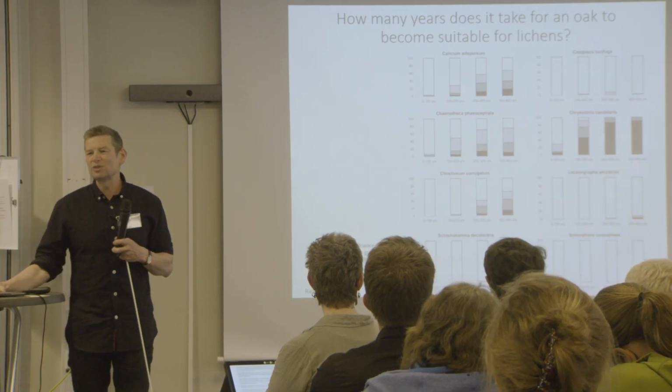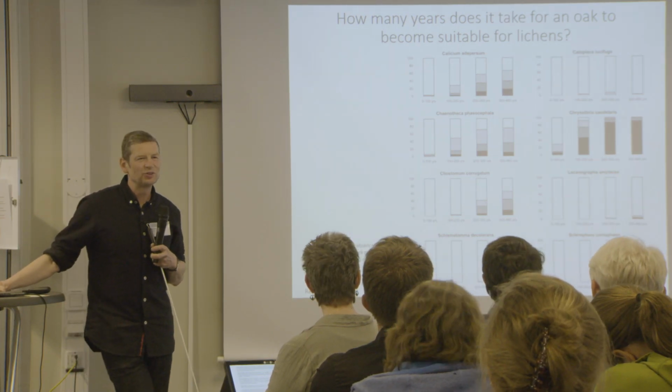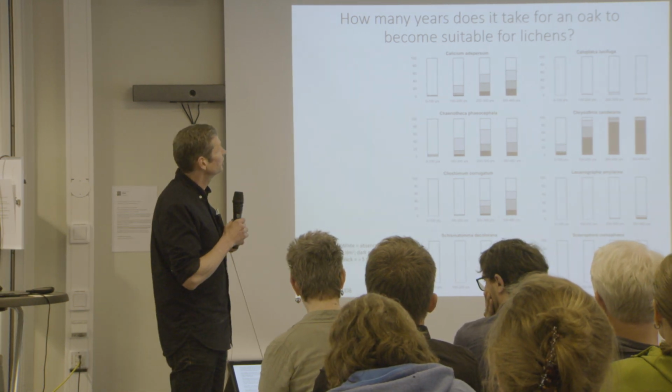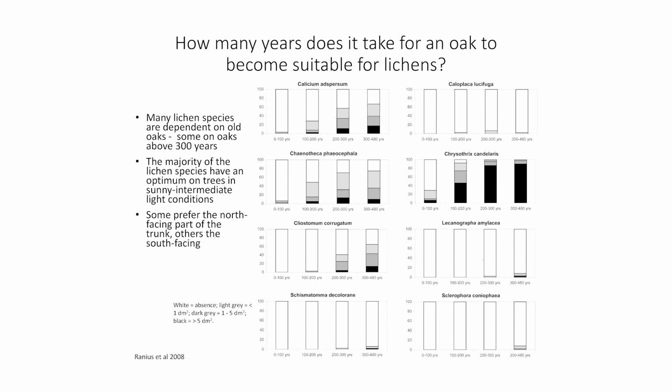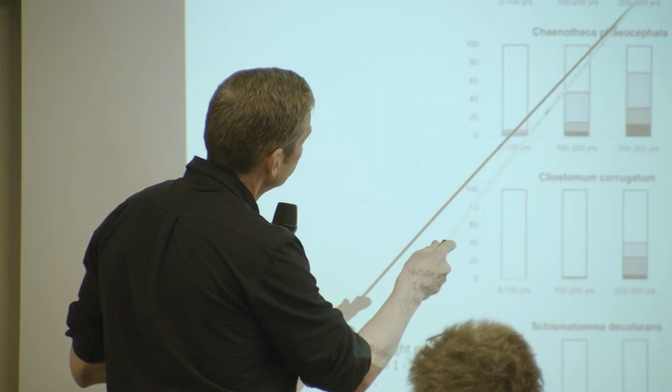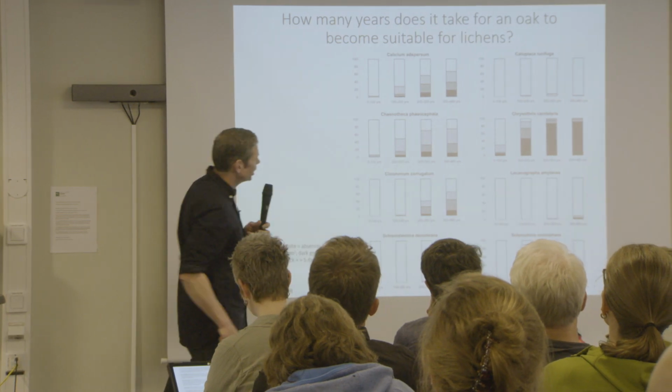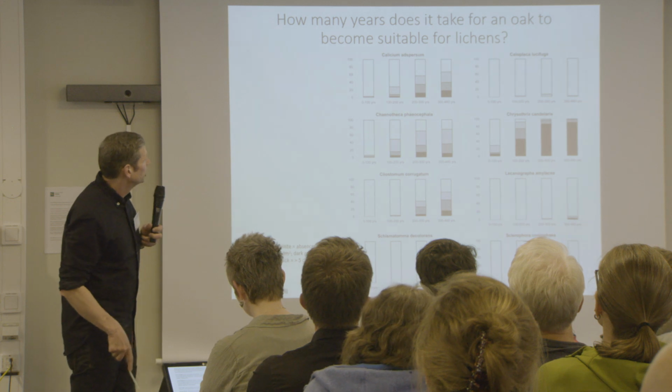How many years does it take for an oak to become suitable for really demanding species? This is a study of 8 different lichen species. You have 0 to 100 years here, 100 to 200, 200 to 300, or 300 to 480. That was the oldest oak in this study.